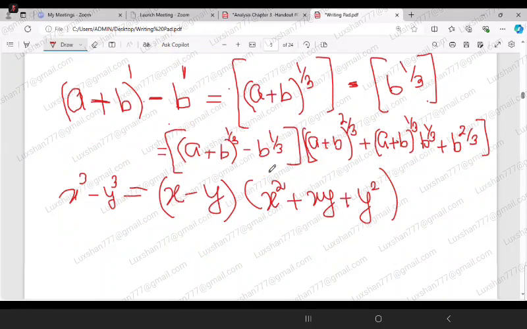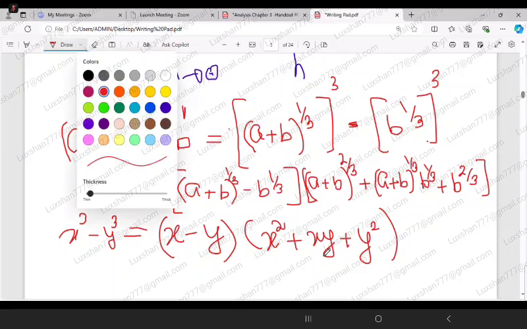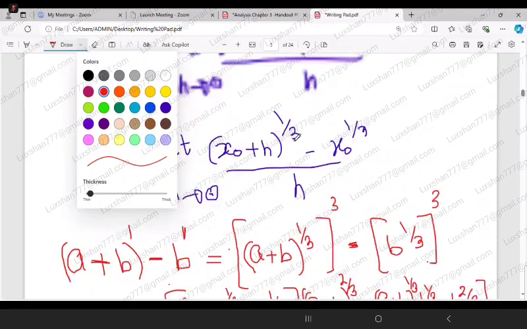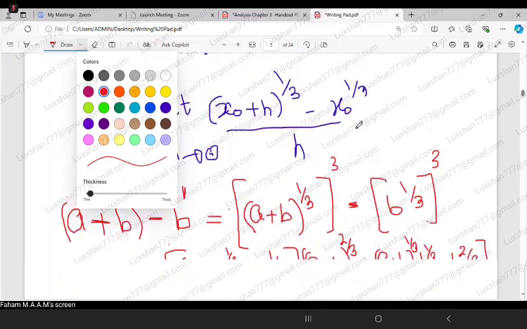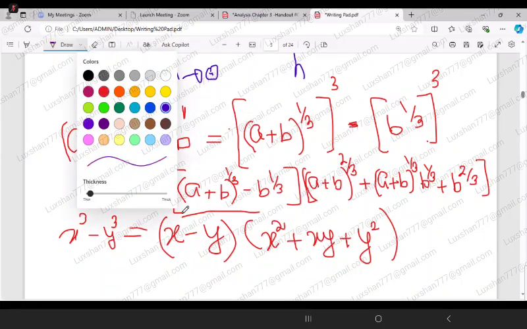Okay, so now look here. Now you look at the denominator, (x naught plus h) to the power 1/3 minus x naught to the power 1/3. So similar things you have here, isn't it?